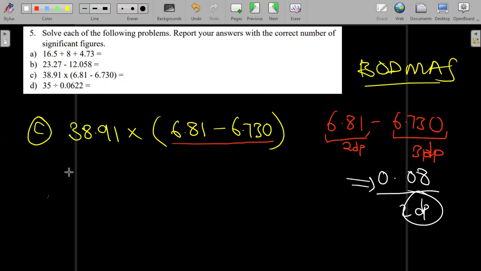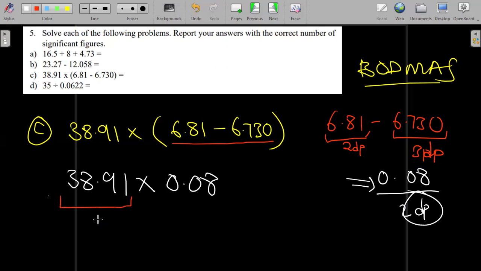So the next step now is to say 38.91 multiplied by 0.08. So now here we are multiplying. Okay, so we consider the significant figures. So this one here has 4 significant figures, but this one here has what? 1 significant figure. So it means when we multiply this, the final answer should have what? 1 significant figure.